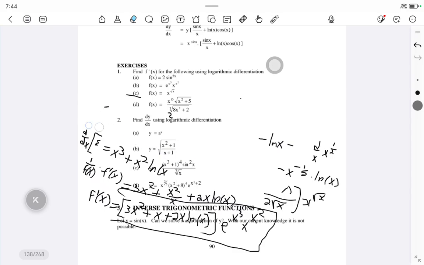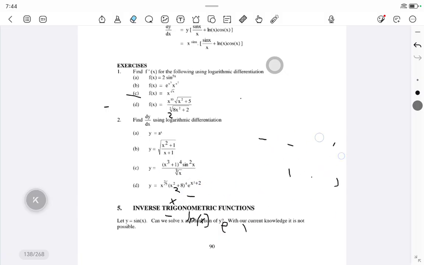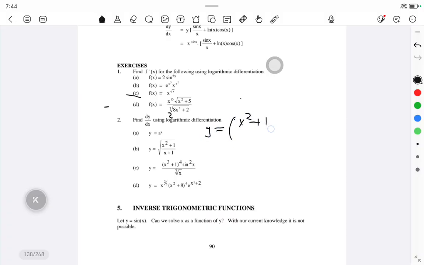Now when you look at number 2, we can start with b. If we look at b, we're given y is equal to x squared plus 1 over x plus 1, to the 1 over 2.